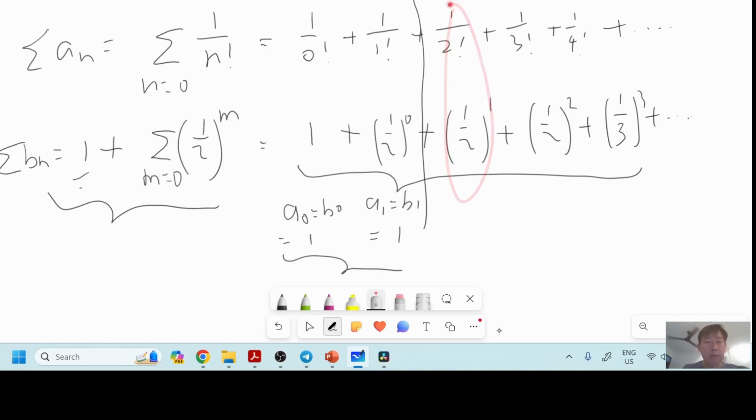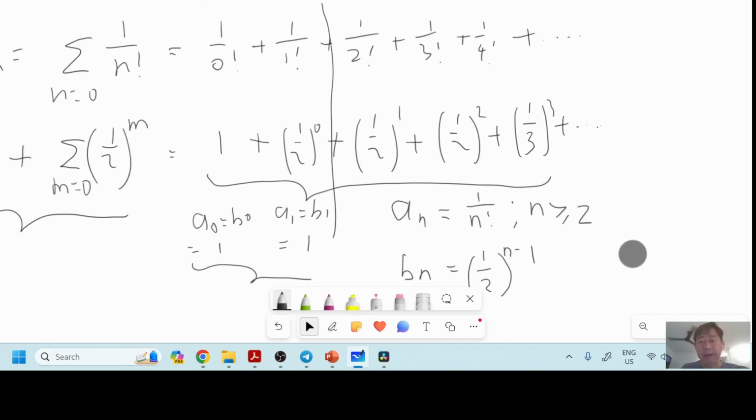For example, for the terms n equals 3, n equals 4, etc., we are comparing the terms of An versus Bn, where we can express An as 1 over n factorial, where n is larger than or equal to 2. Bn here is expressed as half raised to the power of n minus 1.